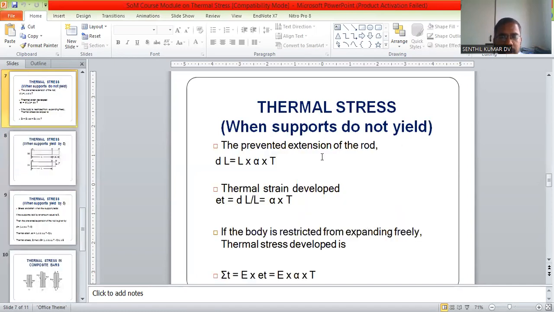So here, the prevented expansion of the body is L alpha T. The thermal strain developed in the body is dl by L, which is alpha T. According to Hooke's law, stress is equal to strain into Young's modulus. So the strain is dl by L, that is alpha T, and hence the thermal stress developed is E into thermal strain, which is alpha E T.